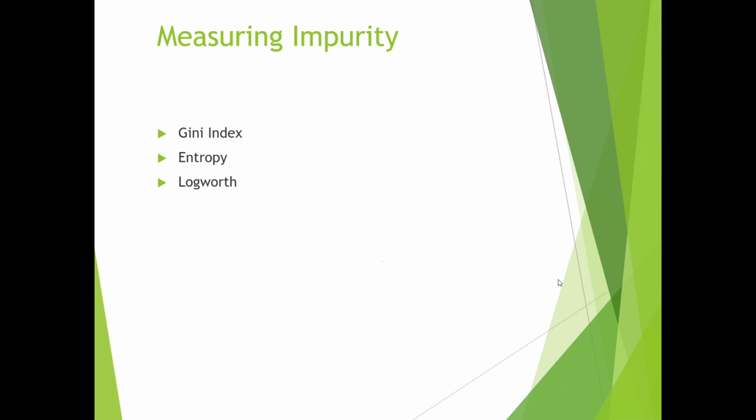Then we have what is called entropy. Entropy is also called information: how much purity we gain, how much information we gain. We call it information gain in a particular split. And then we have another one called log worth. We'll look at all three, how to evaluate splits.